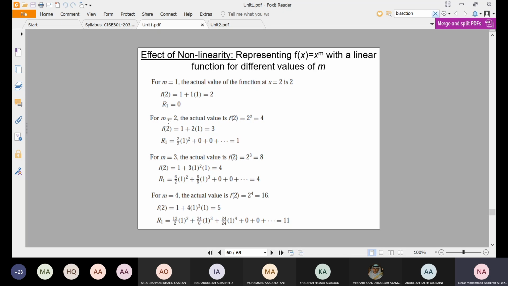After that, we increase the order. Now m equal to 2, so the actual value will be a direct substitution of x by 2 to the power 2, so this will be 4.